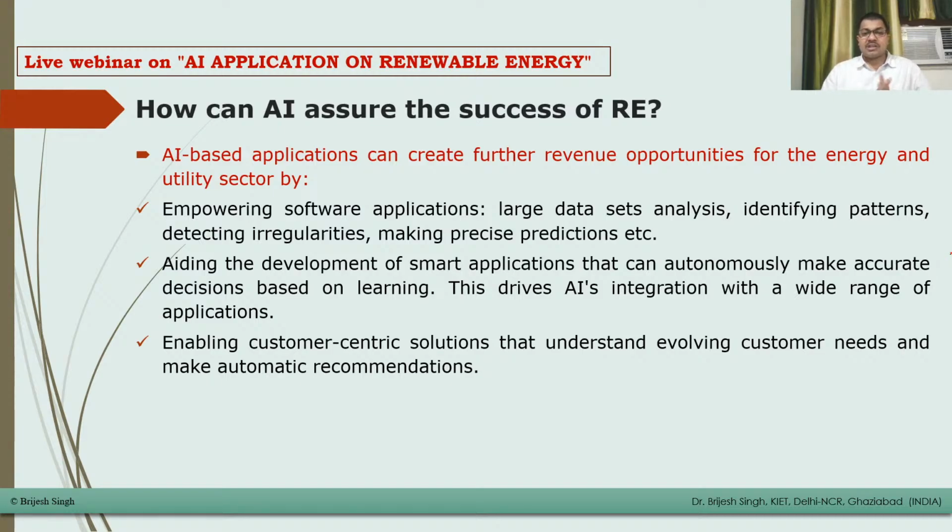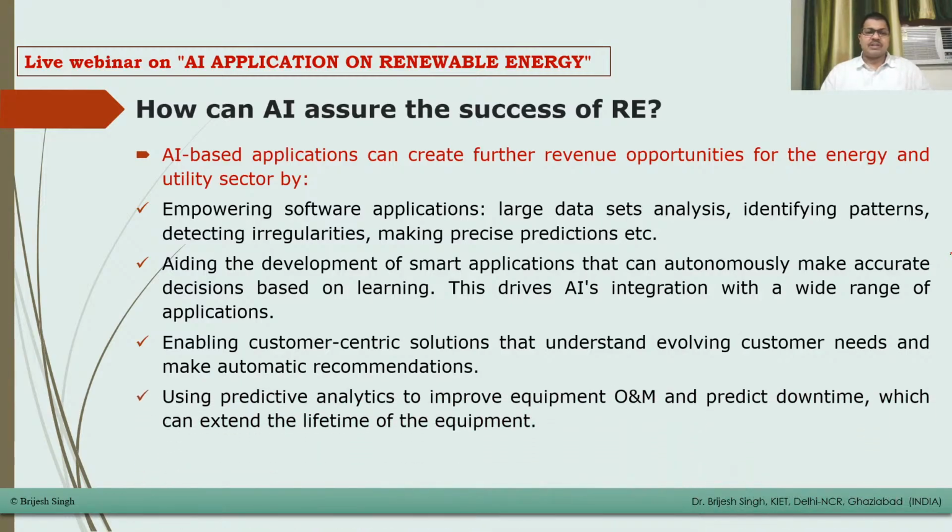Here, for customer support, we can use AI. So for various operations related to customers, AI techniques help them optimally utilize their electricity and reduce their electricity bill, using predictive analysis to improve equipment operation and maintenance and predict downtime, which can extend the lifetime of the equipment.